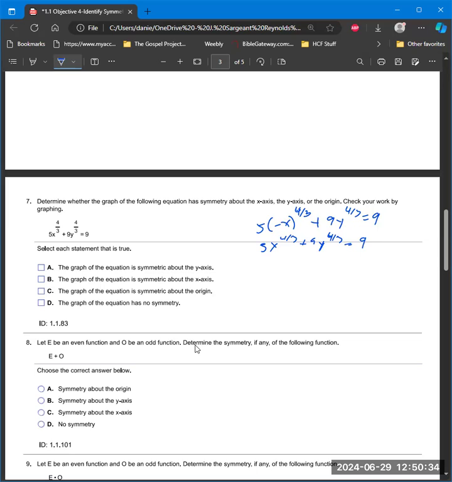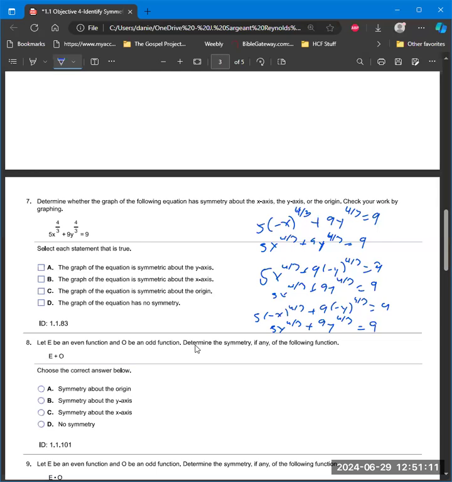The same thing is going to happen when I replace y with negative y. And when I replace both of them, in all cases, I get the same thing back out.